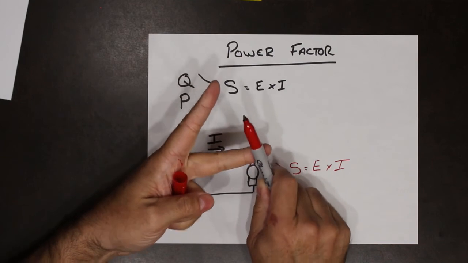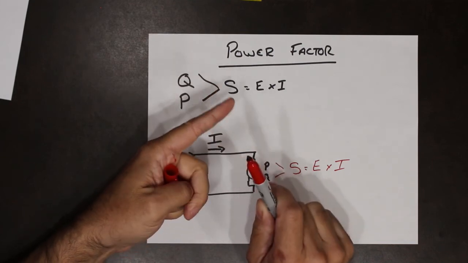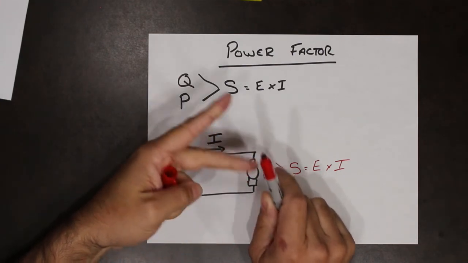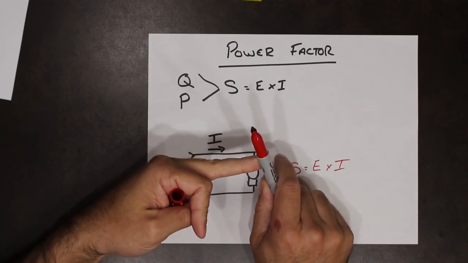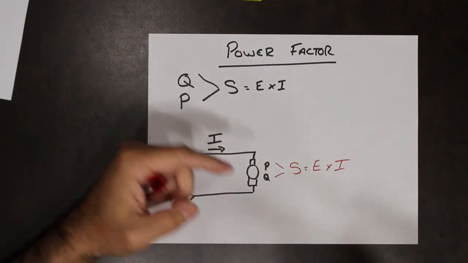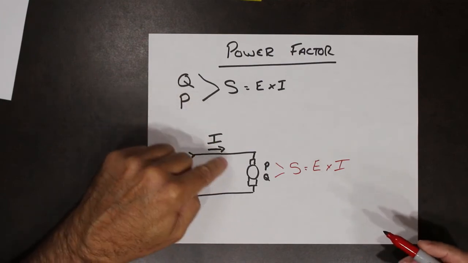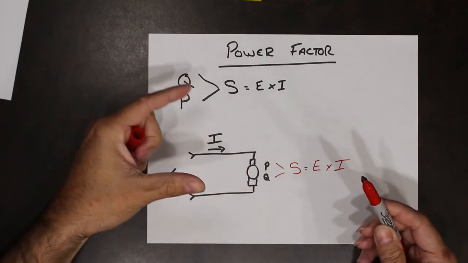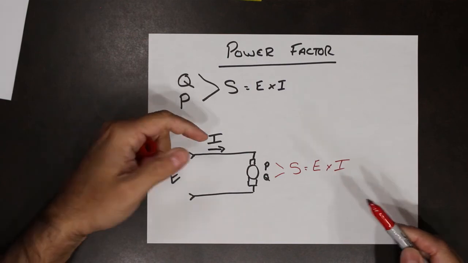Reactive power does no work. So, active power is the part that's doing the work, reactive power is doing no work. So, as a company, we want to know how much of the total electricity that's being sent is actually doing work and how much is not.